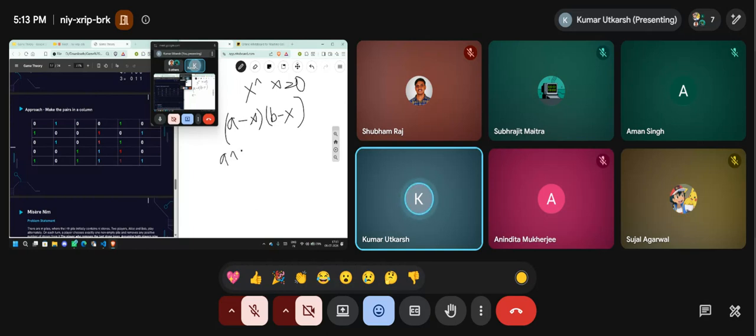It will be A XOR B, then it will be A XOR X, and as XOR is commutative, plus 0. So as this value is already a mirrored version of itself, it should be 0. And to win, this value should also be 0. So we check whether the whole sum is 0, right?